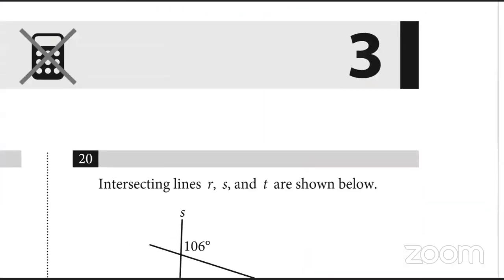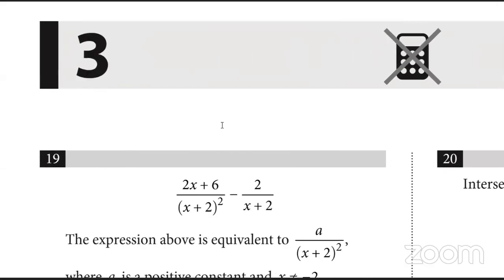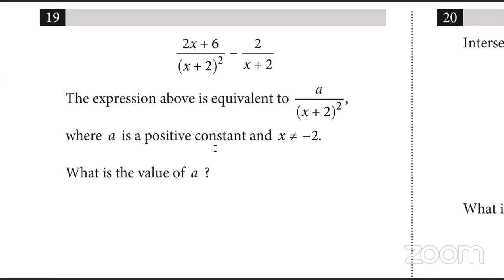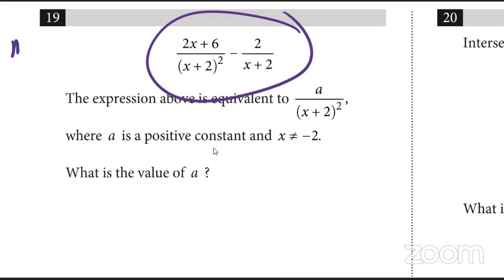Going over to number 19 now. A is a positive constant, okay, and we need the value of A. So the idea is like how to bring this all together. And the answer is we need the same denominators.